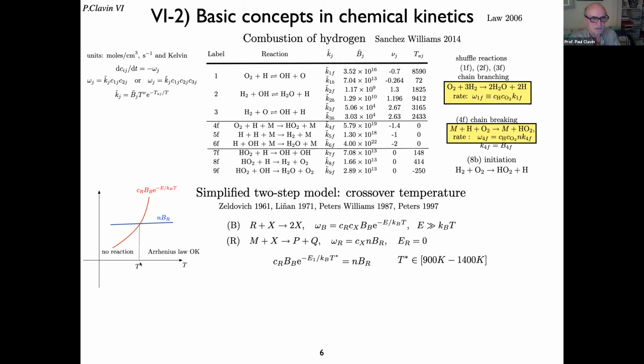Above this crossover temperature, which I define by T star, the reaction starts, but for a smaller temperature the reaction between oxygen and hydrogen does not start, because the atom H, which is an intermediate species absolutely indispensable to go to water by combustion, is consumed faster than it is produced.